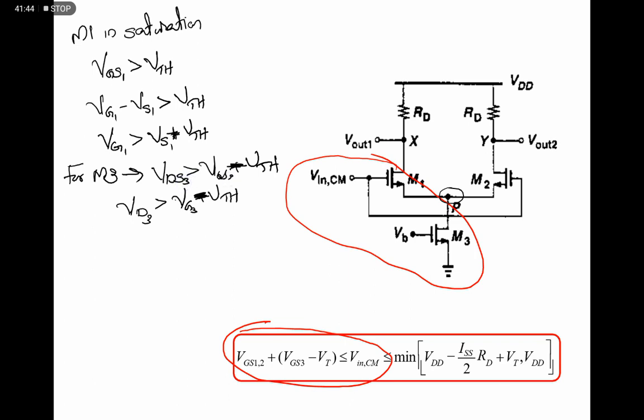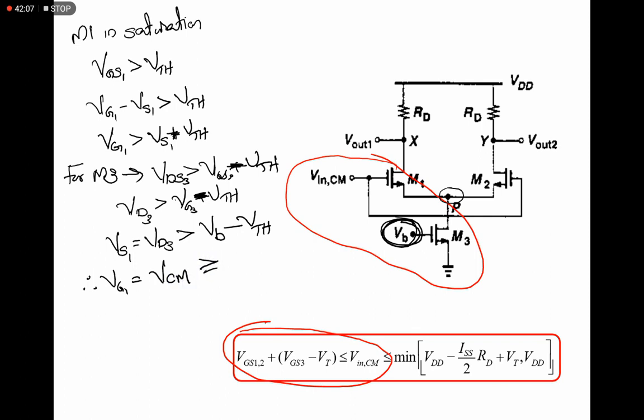We know the drain voltage VS1 equal to VD3 is greater than the gate voltage of M3, VB, minus VTH. Therefore VG1, which is equal to VCM, is greater than or equal to VS, which is VB minus VTH.